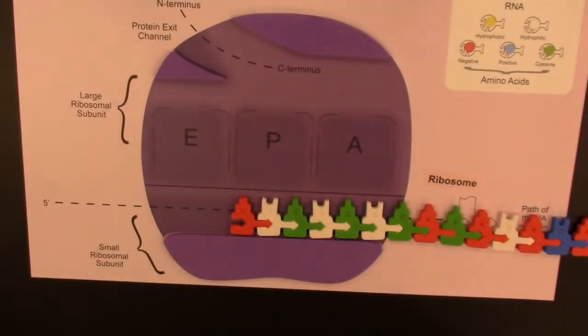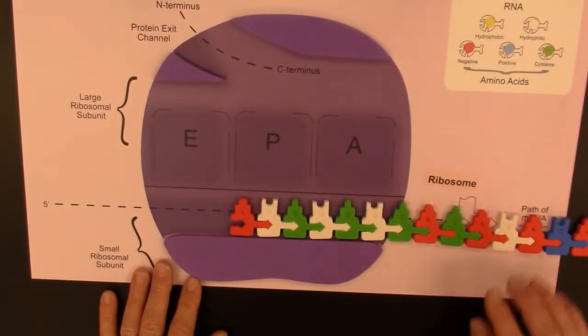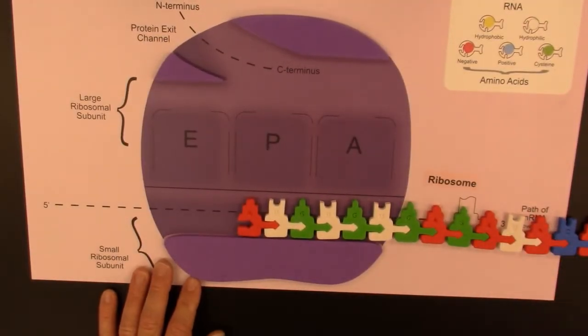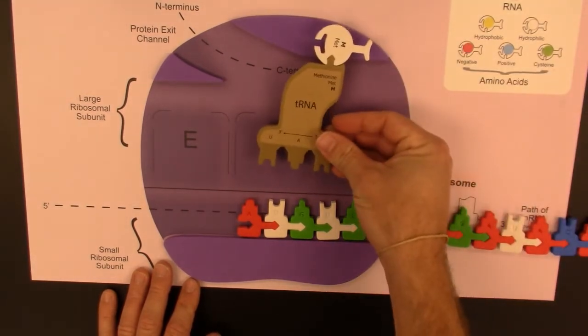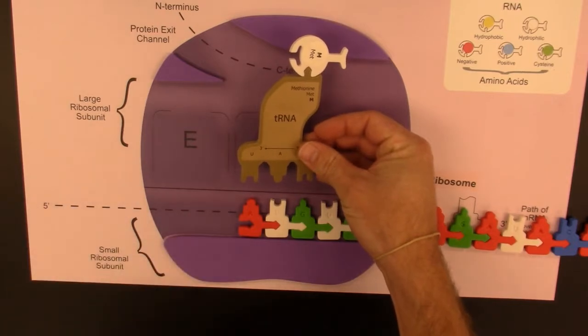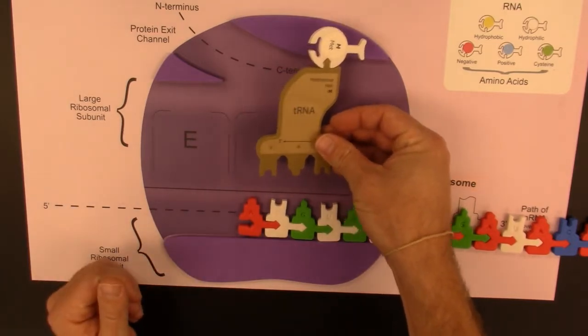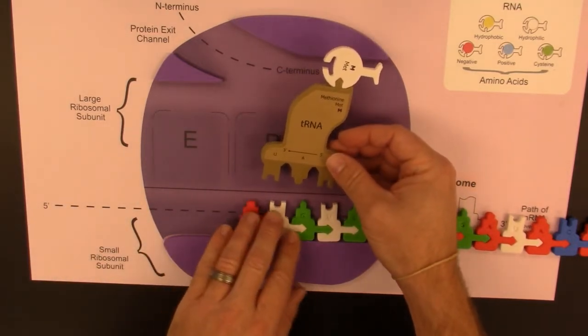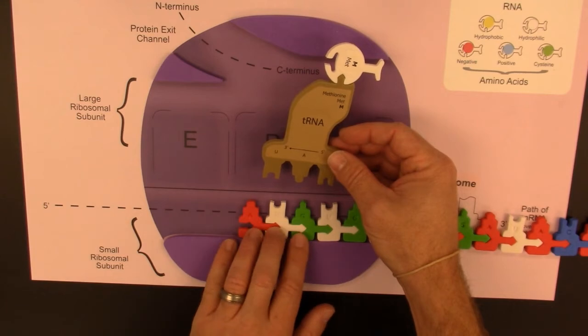So let's find that tRNA molecule with the methionine amino acid attached to it. Here it is. Now, this is our start codon, AUG. AUG is the universal start codon. So this tells the ribosome that you're going to begin translating at this point right here.